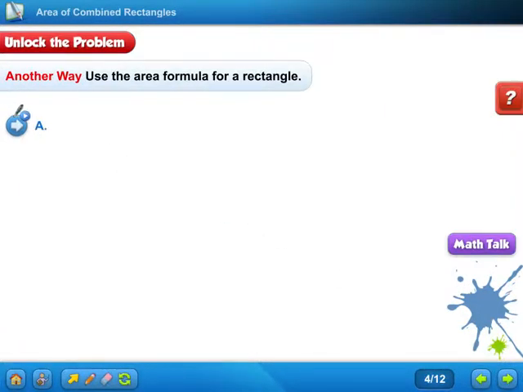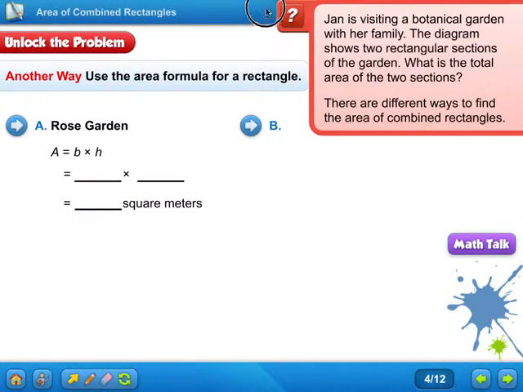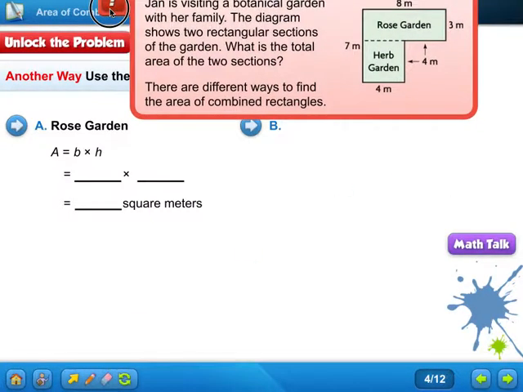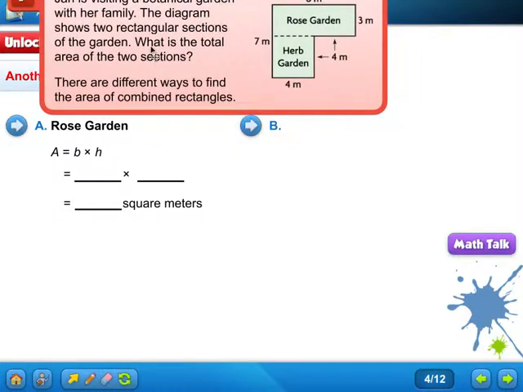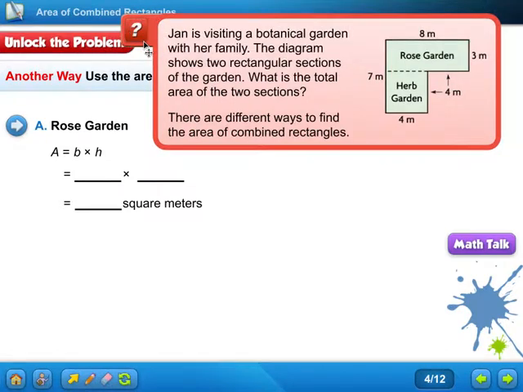Let's do the other way with the area formula we just talked about. Area equals base times height. So first, let's pull out our picture again, the rose garden. So the rose garden, I'm going to scooch this down right here. The rose garden was 8 times 3.